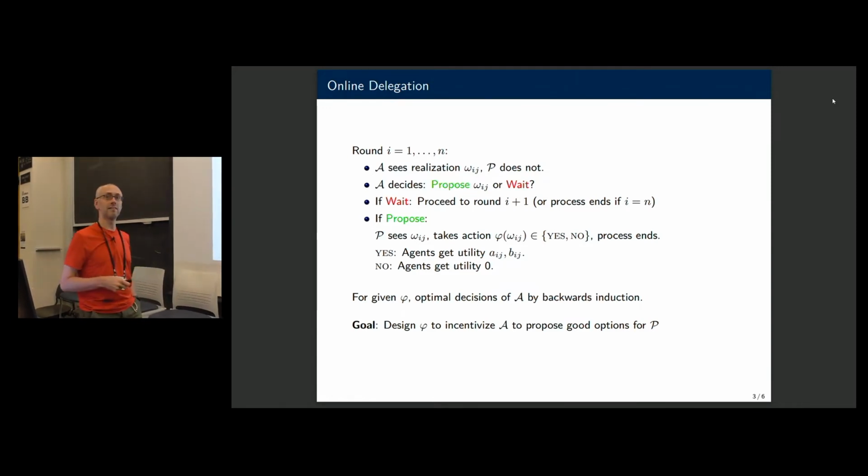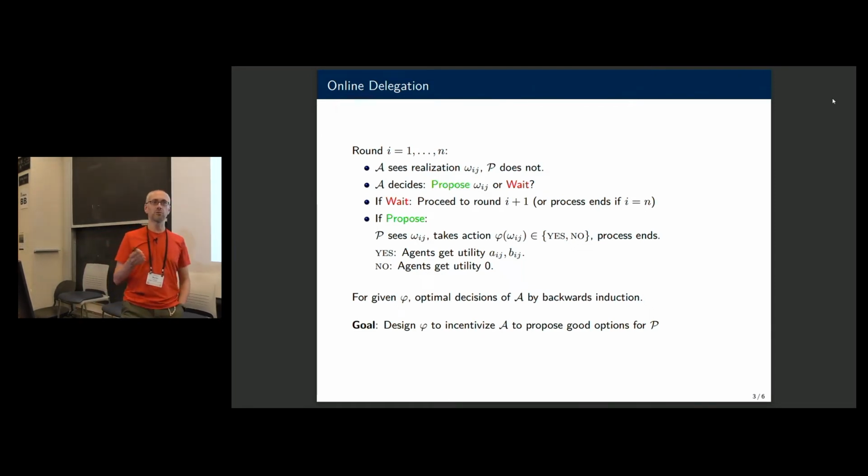Then he decides, do I propose it to the principal or do I wait? If I propose, then the principal sees the candidate and takes an action according to the action scheme that he decided upon in advance. The process ends, yes or no. Yes, the agents get the utility. No, both agents get nothing. What if I decide to wait? Then we proceed to the next round. I get to see the next candidate, and I can decide to propose that candidate or wait further. So it's always go on or propose.